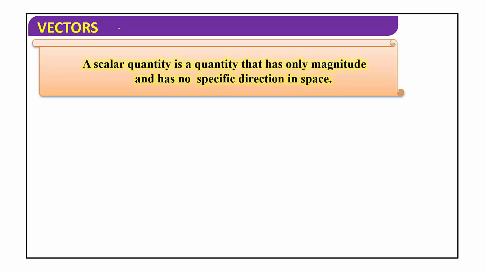Then how to define a scalar quantity? A scalar quantity is a quantity that has only magnitude and has no specific direction in space. If that quantity does not have any specific direction, if it has only magnitude, then we can call it a scalar quantity.